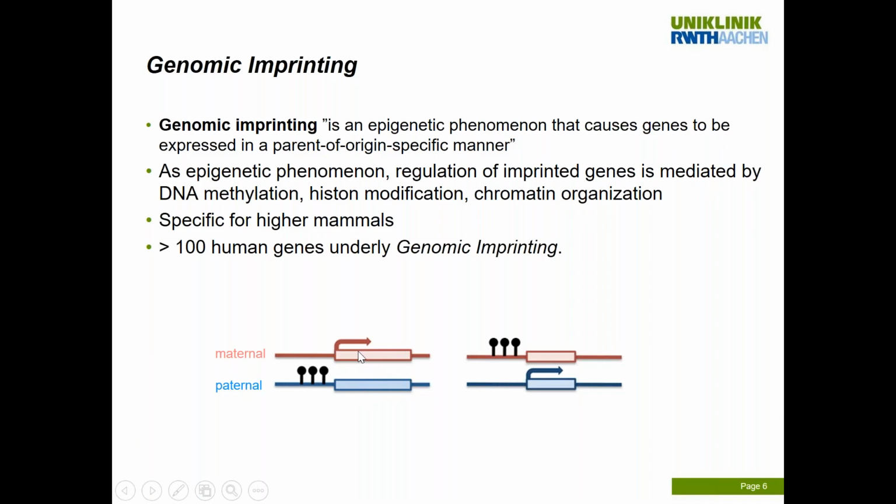As you can see here, in this example, the paternal copy of the gene is silenced by methylation groups, whereas the maternal allele is active. Vice versa, we have the situation that the paternal allele is active and the maternal allele is silenced by methylation groups. This is only a very simple example of how genomic imprinting is working.